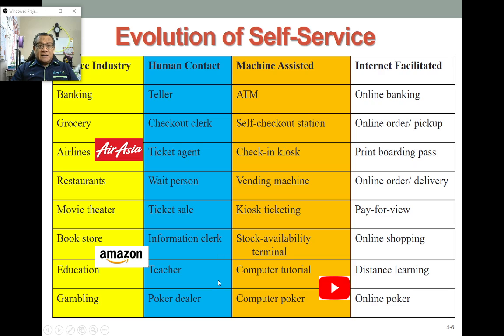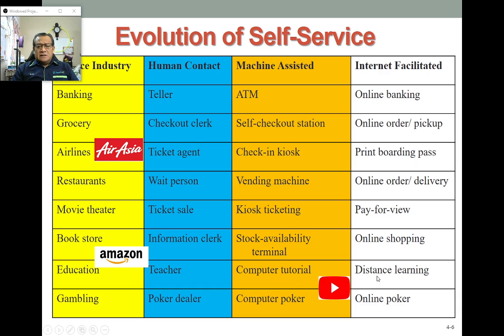On top of that, in the current times of the COVID-19 pandemic, the education sector is also very much based on self-service. In the traditional perspective, the teacher teaches students in the lecture hall, which is human-to-human contact, and later the students engage with computer tutorials, as far as video or YouTube is concerned.